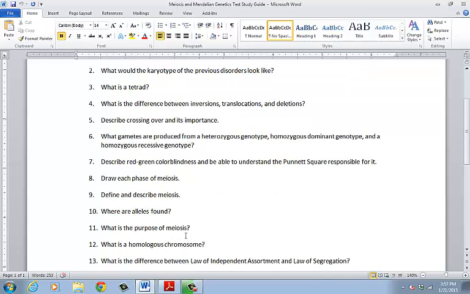Number 11, what is the purpose of meiosis? Well, we have to have a reduction in the number of chromosomes. We can't have 46 chromosomes in the sperm and 46 in the egg, because we would end up with 92, and that would not be a viable human.